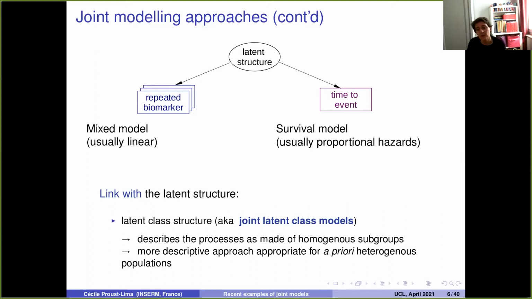So this defines the joint latent class models, which are more a descriptive approach to look at multivariate processes.